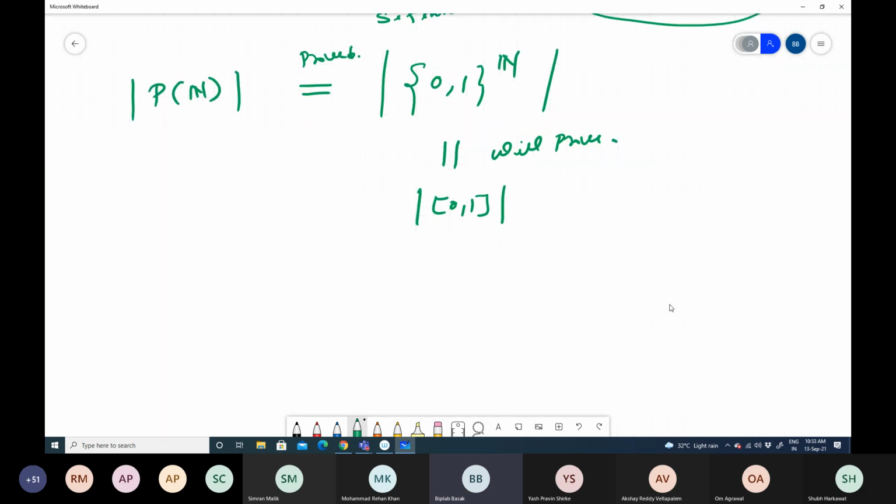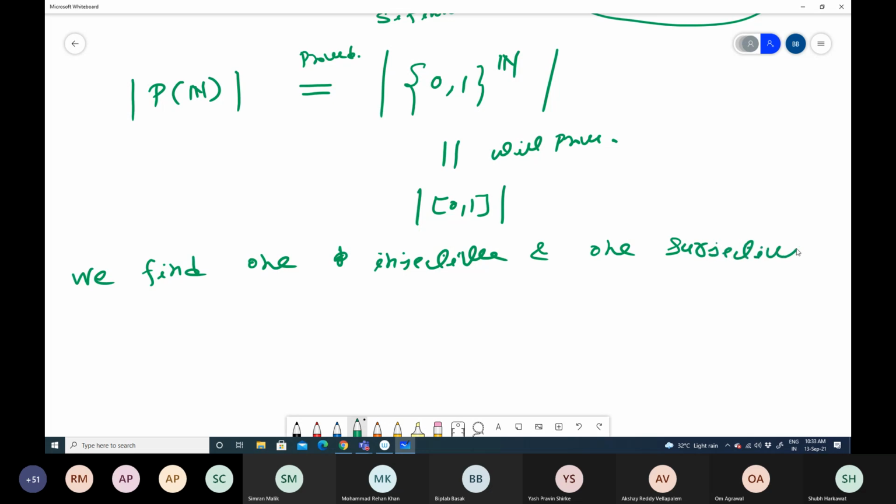Now we will use one theorem. So we find one injective and one surjective function from {0,1}^N to this.